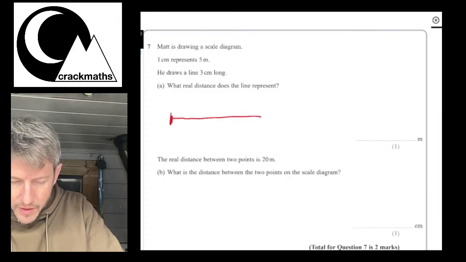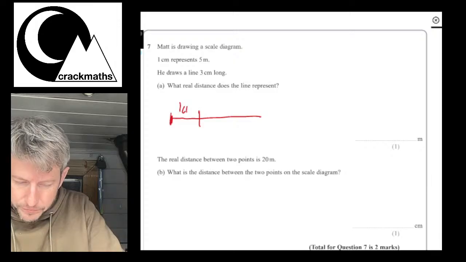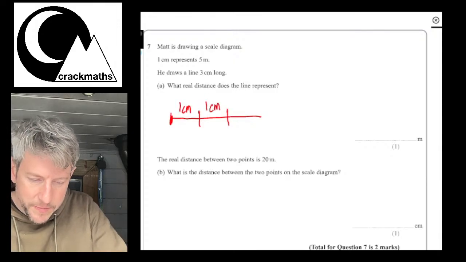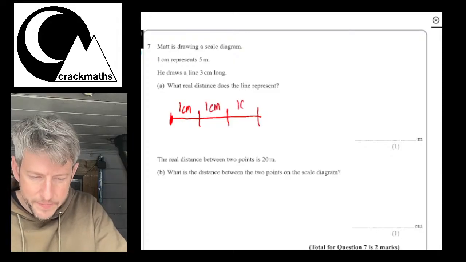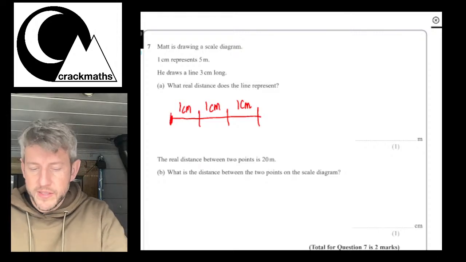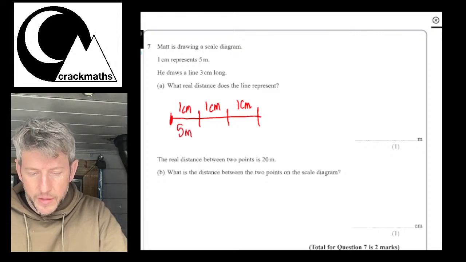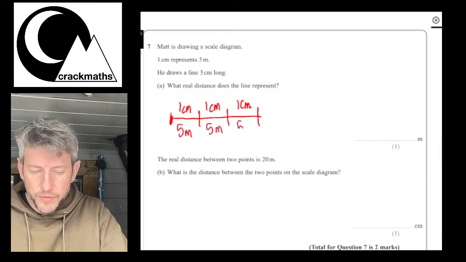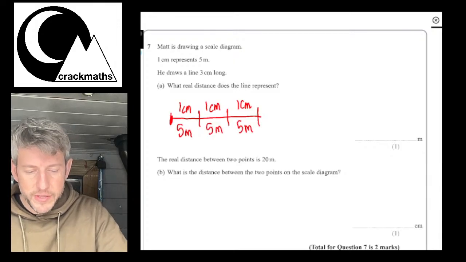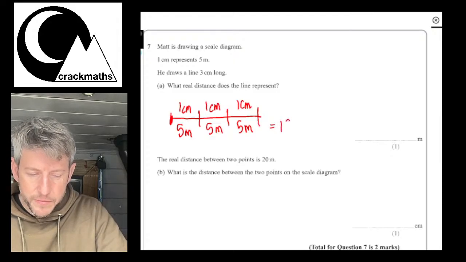Here we go. We've got 1 centimetre here. We've got 2 centimetres here. Well, so that's the 2nd centimetre. And we've got the 3rd centimetre here. Each of these centimetres represents 5 metres. So this is 5 metres, this is 5 metres, and this is 5 metres. So what we get there is that's going to give us 15 metres.